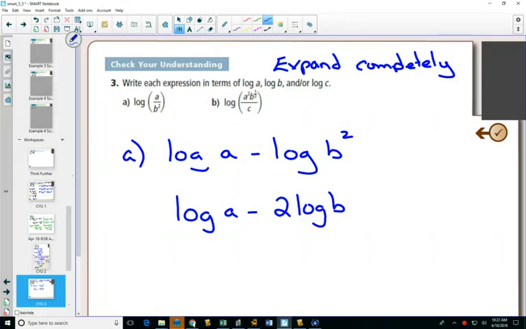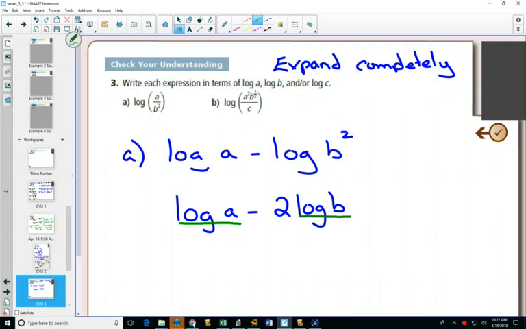And so that 2 comes out in front. And now we have log A minus 2 log B. And I'm going to underline the log A and I'm going to underline the log B because we have written the expression in terms of log A and log B.